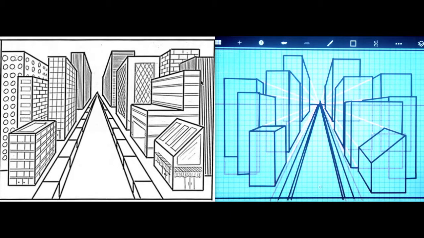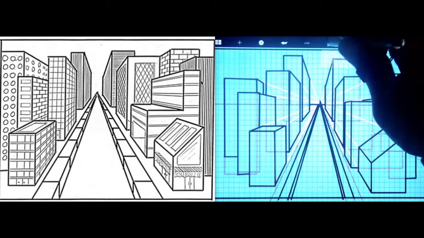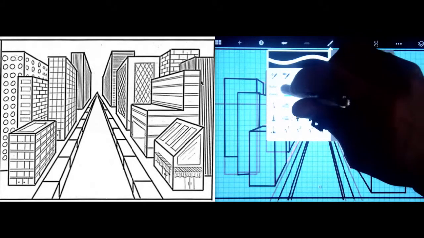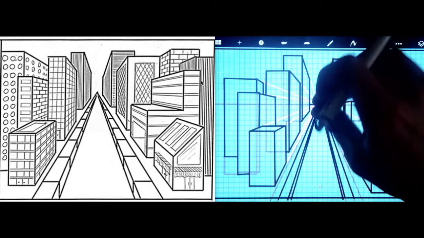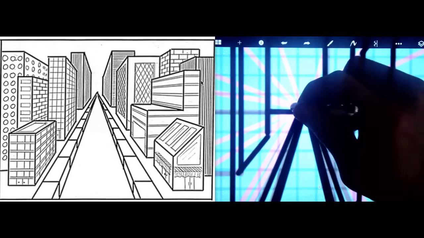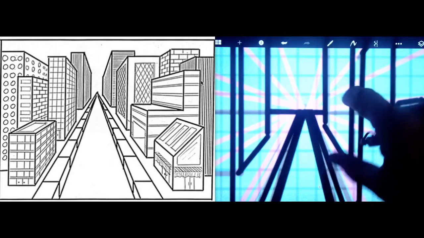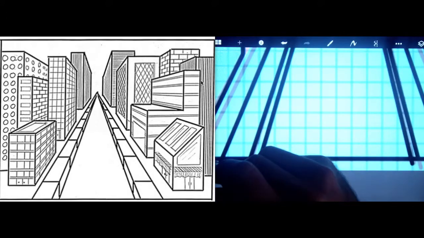So there's our street. Some of my lines went just a little bit too far, so let me use my eraser tool with a very small radius to clean that up a little bit. Likewise, my street went a little too far.